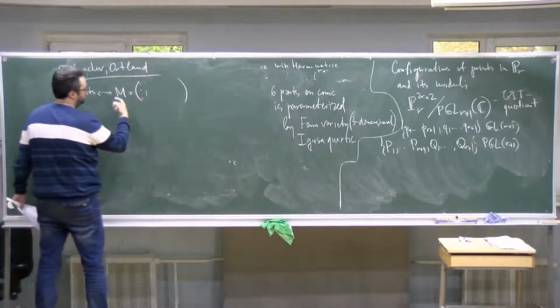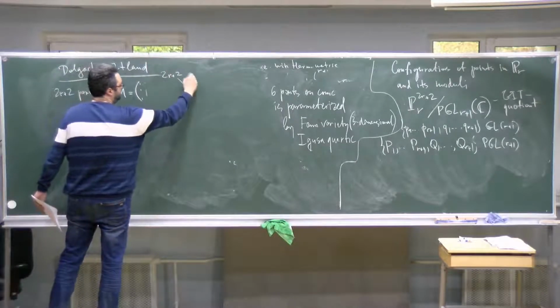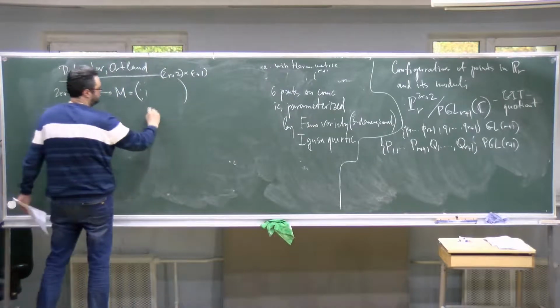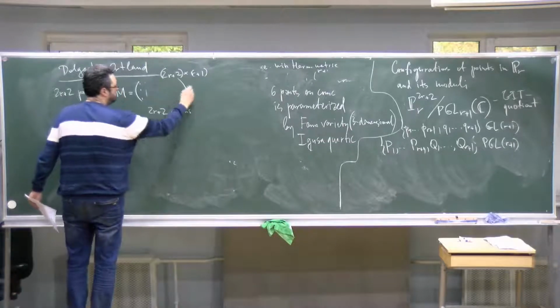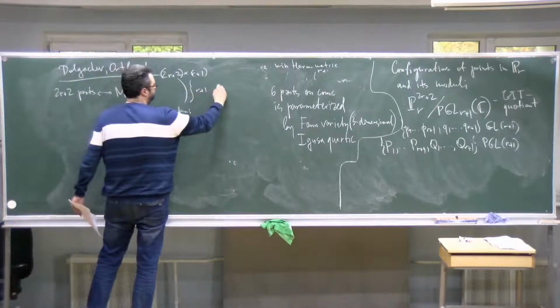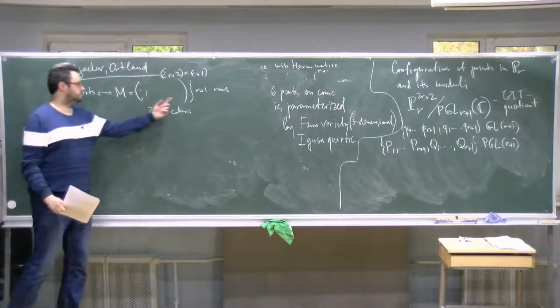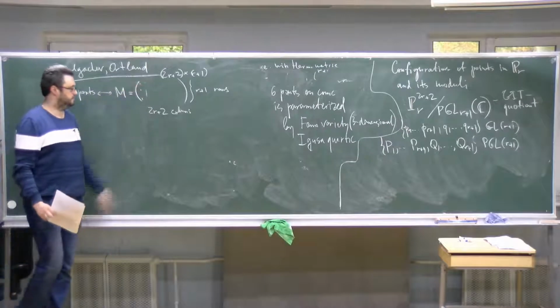It's a matrix of size 2r+2 by r+1. There are 2r+2 columns and r+1 rows. Columns correspond to points and rows correspond to their coordinates.